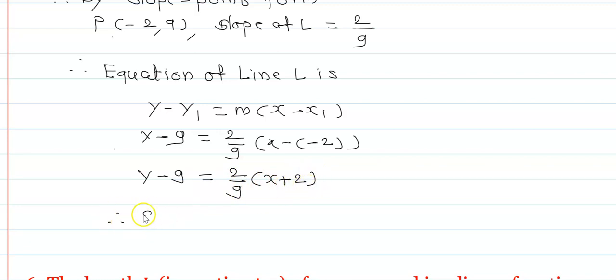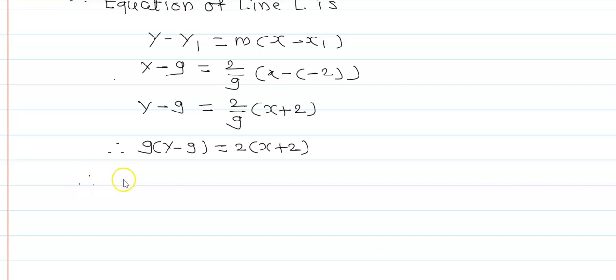Therefore, after simplification, 9(y minus 9) is equal to x plus 2. Therefore the equation of the line is 9y minus 81 is equal to 2x plus 4.